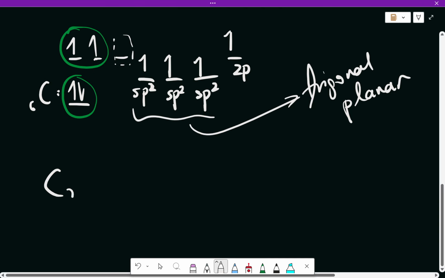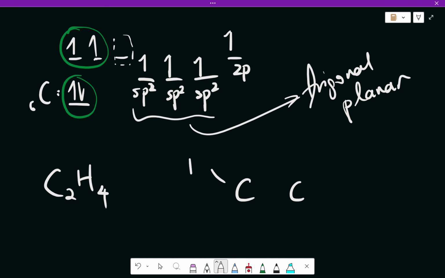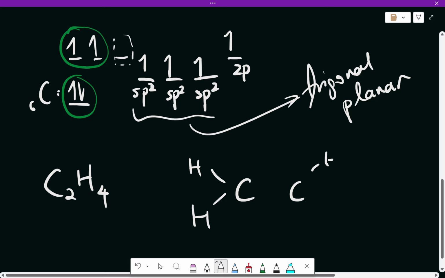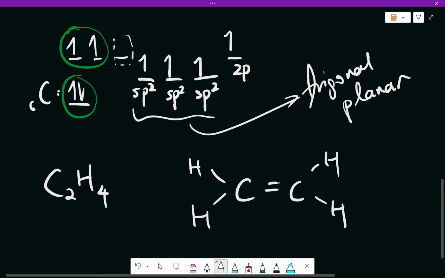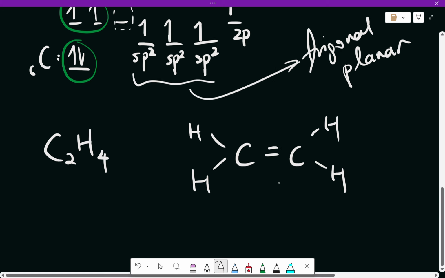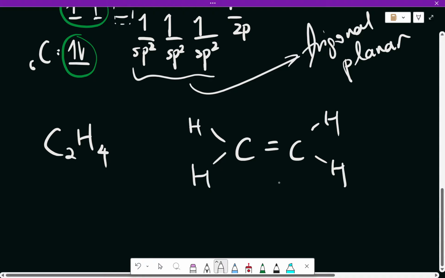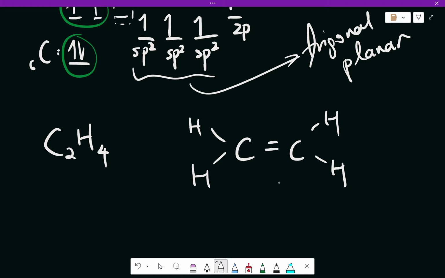So let's say C2H4. If we draw our Lewis structure, it will be two C's as the central atoms, and then a double bond in between the two C's, and then single bonds to the hydrogen atoms. And if we draw it on the 3D plane, we will see that all of these atoms are actually on the plane.